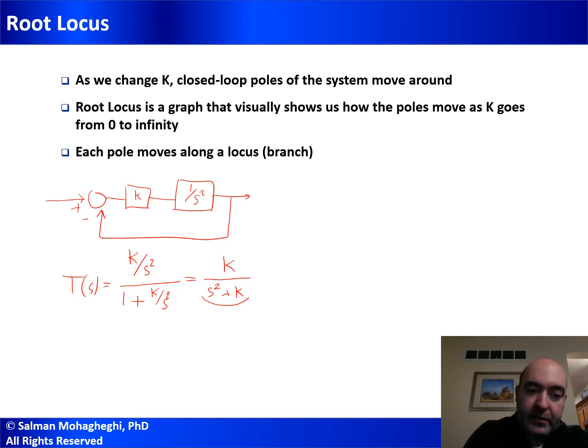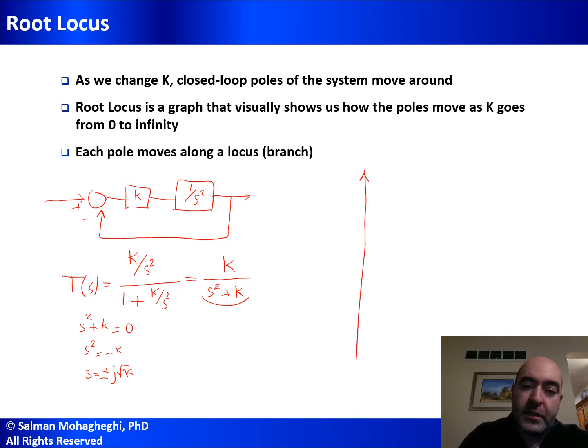So if I set the denominator to 0, s squared is going to be minus k, meaning that s is going to be plus minus j square root of k. So the poles are going to be directly functions of k, the gain of the controller. Let's try to see how these pole locations change as I start increasing k from 0 to infinity.